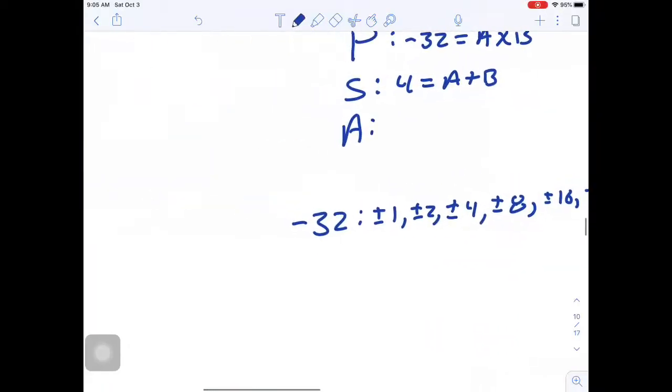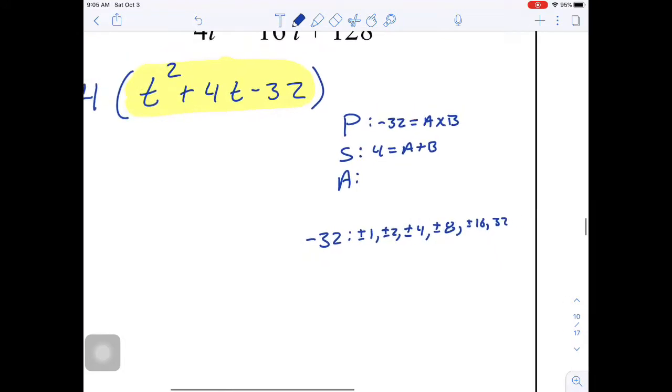Now, instead of trying and guessing and checking all these, sometimes it's a good idea, now that you have this all laid out, just quickly think what might add to 4. Well, here I see 4 and 8, and I know that 8 minus 4 is 4. So let's talk about the variations of that. Remember, these two numbers have to multiply to negative 32.